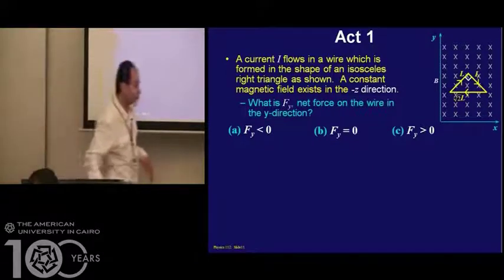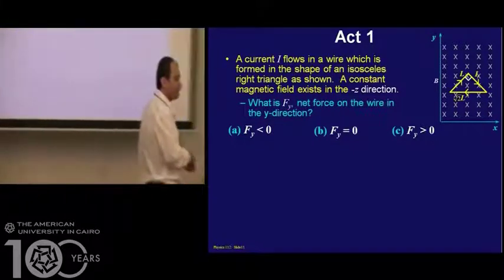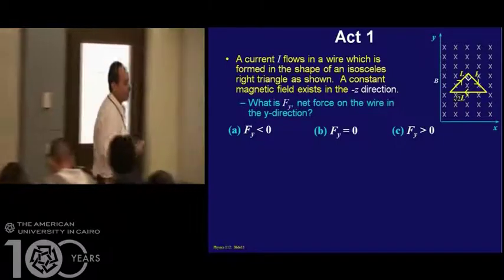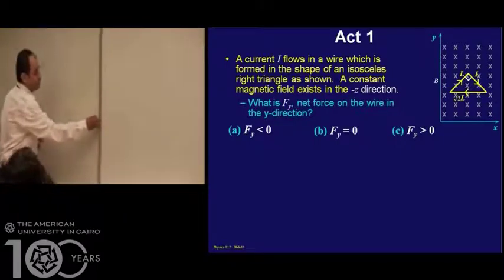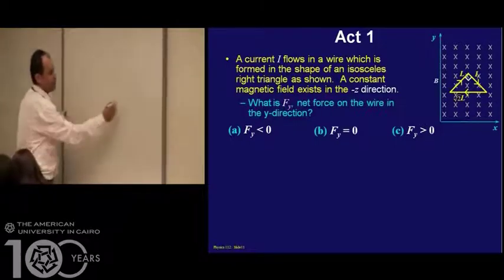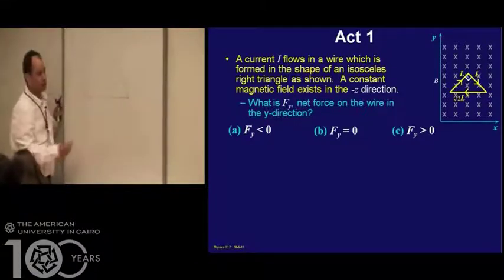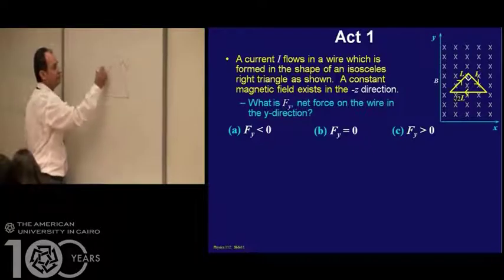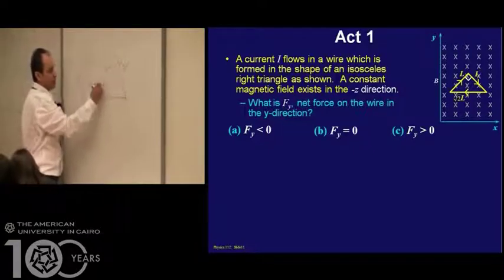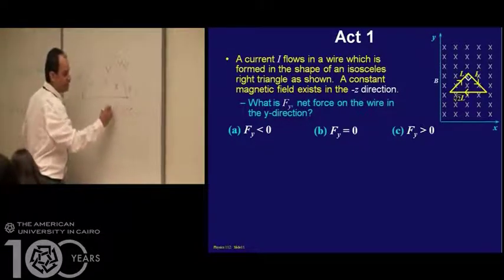In one of my previous exams, I did this to my students. I said, okay, now you have a loop in the shape of a semicircle, and this is the magnetic field. Of course, I do not ask them as straightforwardly as I give it in the lecture.